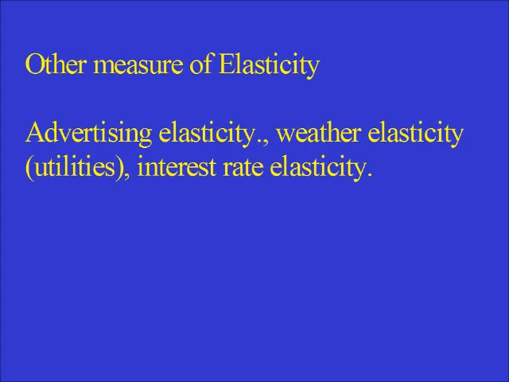As the temperature increases, the demand for certain goods increases or decreases. You can do it with humidity. Interest rate elasticity: as interest rates increase, the demand for certain goods increases or decreases. We can also do this for supply. Basically, we can measure elasticity for any two variables that have a relationship between each other.